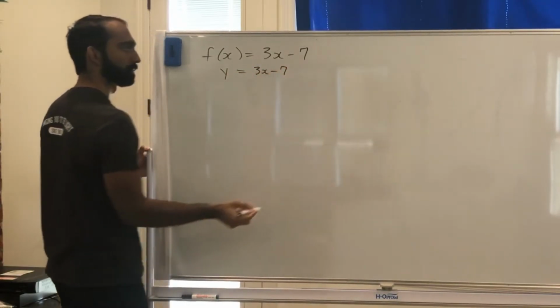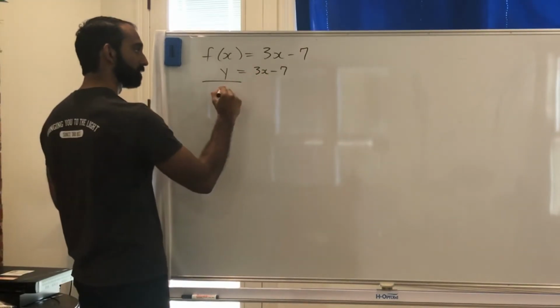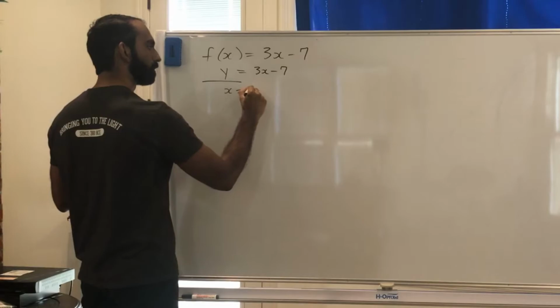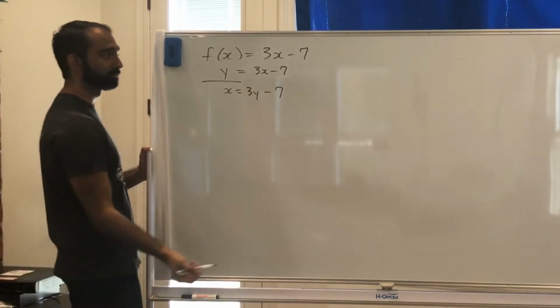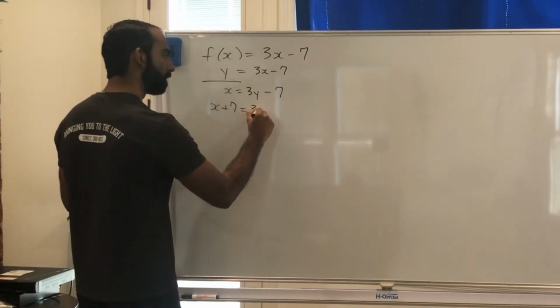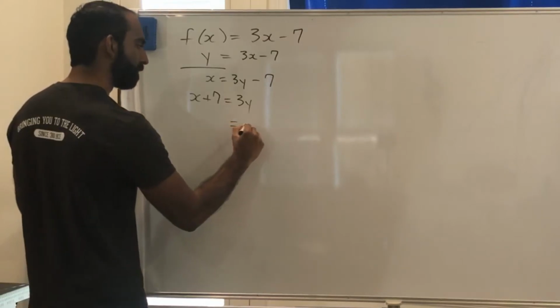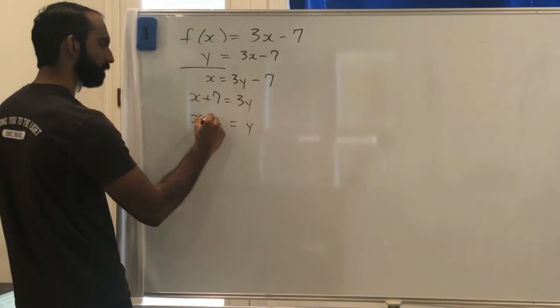And then we swap the x's and the y's. So x equals 3y minus 7, and then what? x plus 7 is 3y. And then x plus 7 all over 3 is y.